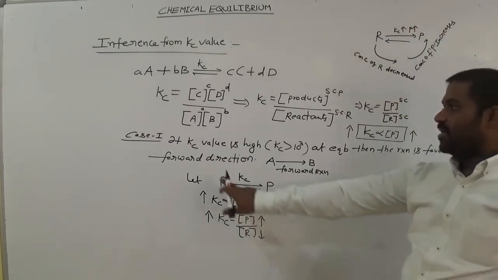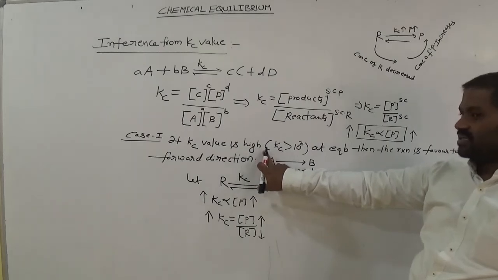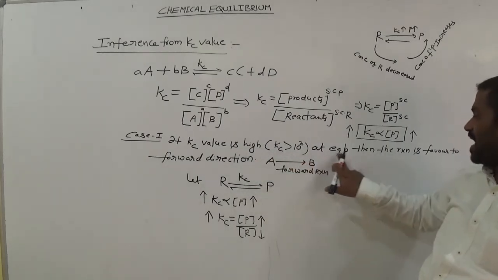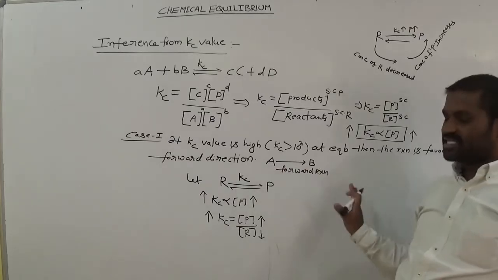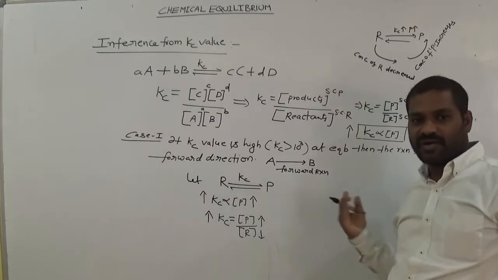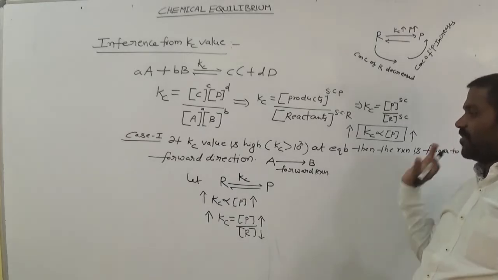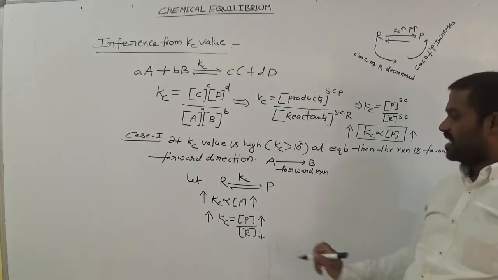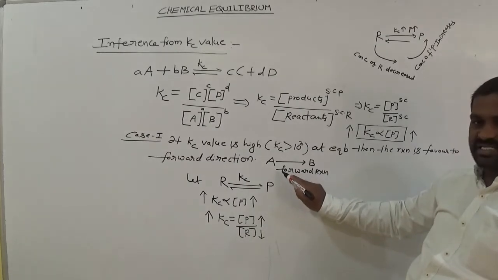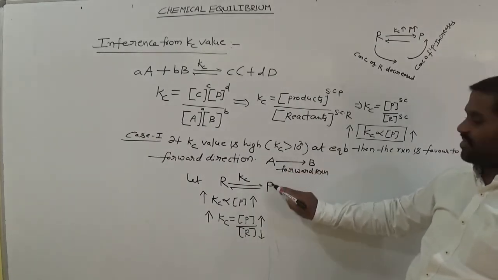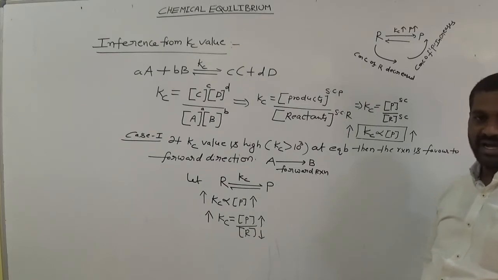Simply, if the Kc value is high, that means more than 1000 at equilibrium, then the equilibrium reaction favors which direction? Clearly the forward direction. Why? Because here the reactant concentration decreases and the product concentration is high. When product concentration is high, the Kc value is high.